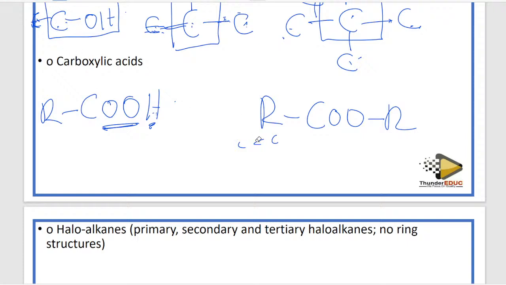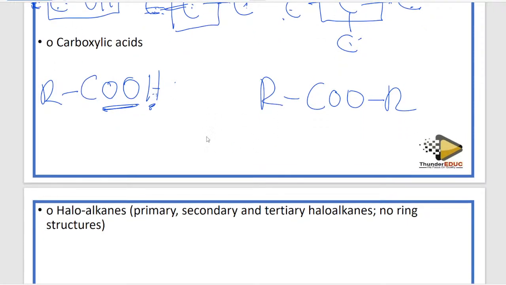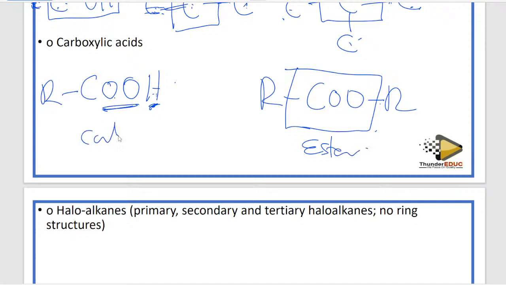Here the hydrogen is ending, while here it's not hydrogen, it's something else. It could be another molecule of carbon atoms. So that's the difference. Once you see it like that, that is an ester, while this one is a carboxylic acid. These two, we call them sisters and brothers. We shall see it when we go to each topic in detail.